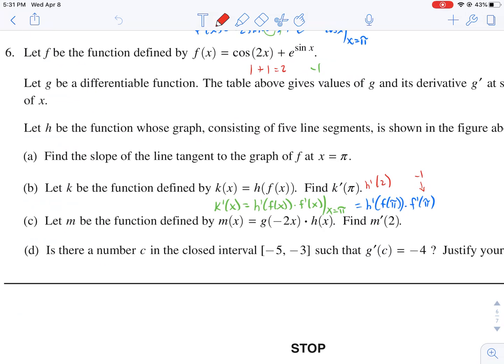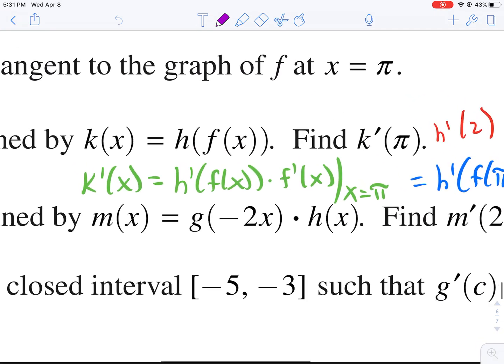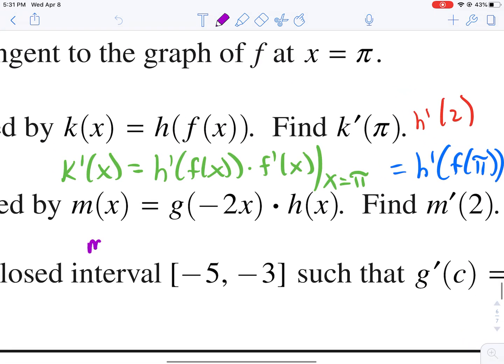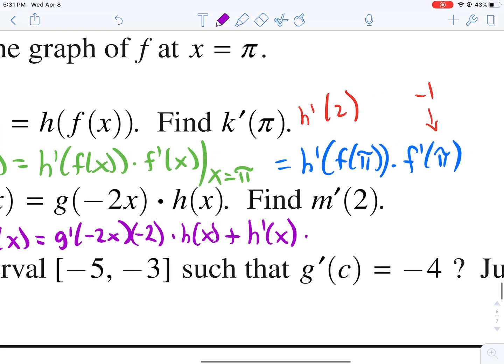Okay, now we are going to find the derivative of function m. This one uses product rule. So we do m prime: the derivative of the outside, g prime, keep the inside the same, times the derivative of the inside, -2. So that's my u prime, and then times v, plus v prime, h prime of x, using product rule, times u.